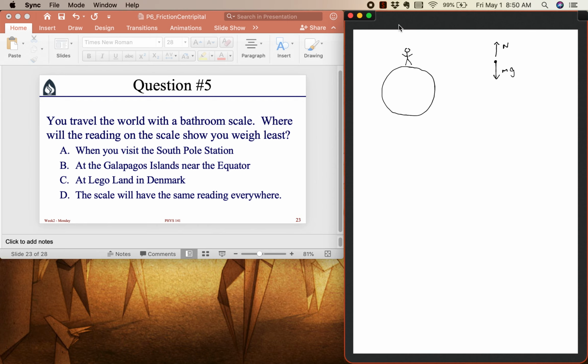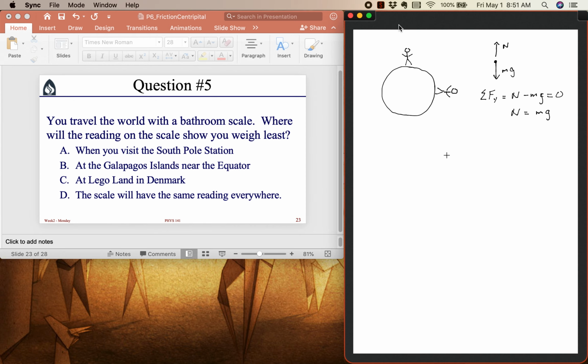You might be spinning in a circle as the Earth turns, but you're not accelerating, so if we sum the forces, in this case in the y direction, then that would be normal force minus mg is equal to 0. So the normal force, the force that's measured by the scale, is going to be equal to your weight.